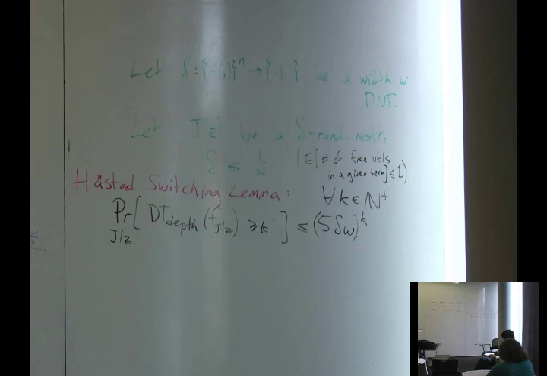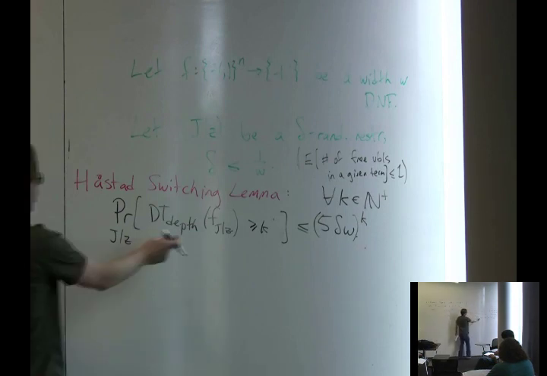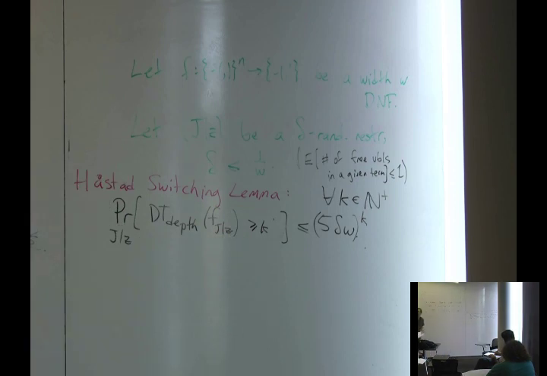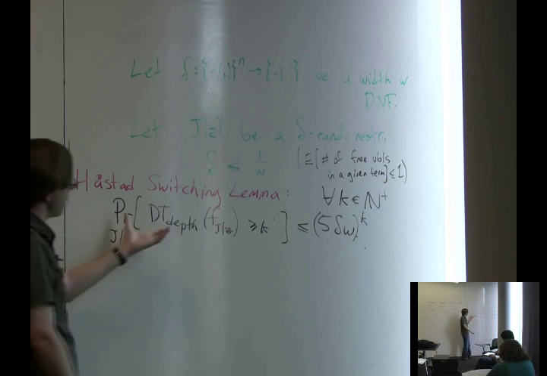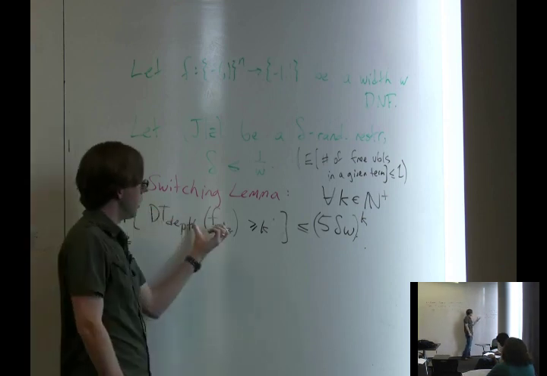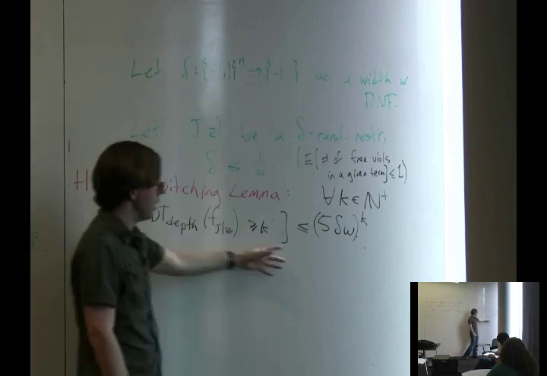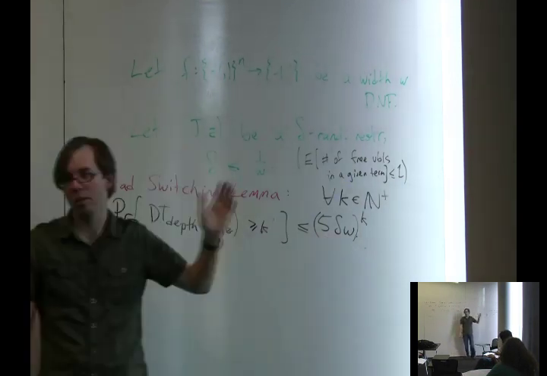By this notation, I mean you look at the restricted function and you look at the least depth of a decision tree that can compute that function. So for your favorite number, like 4, the probability that the restricted function cannot be computed by a depth 4 decision tree is like delta w to the 4th times a constant.